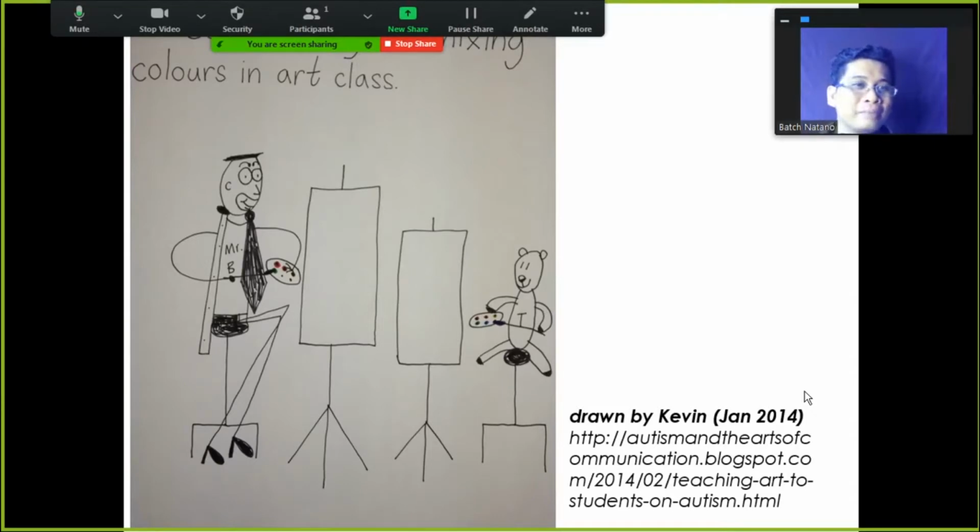Kung ikaw ay isang ina at nakita mo yung anak mo na nag-exert ng effort para lamang makagawa ng ganyang uri ng painting, it means a lot for a mother. At kung ikaw ay malambot ang puso para sa mga autistic, you can really feel the appreciation. You can really feel the essence of this painting.